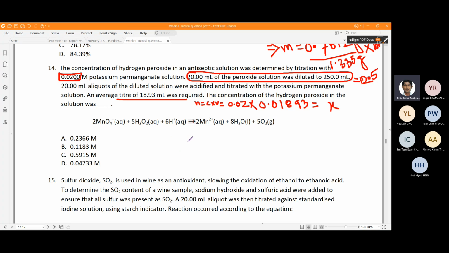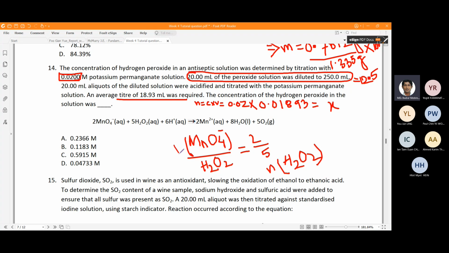There is an easy way we can do it: potassium permanganate MnO4 over hydrogen peroxide is 2:5, right? 2 molar of potassium permanganate by 5 molar of hydrogen peroxide. So if I want to know the number of moles of hydrogen peroxide, H2O2, it is n, number of moles.